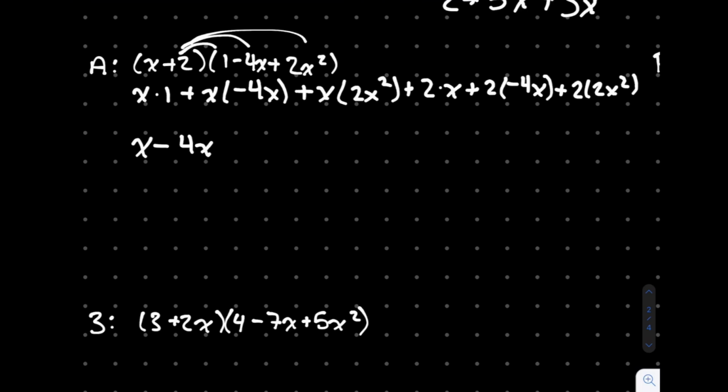So we have x minus 4x squared plus 2x cubed plus 2 times 1, minus 8x plus 4x squared.